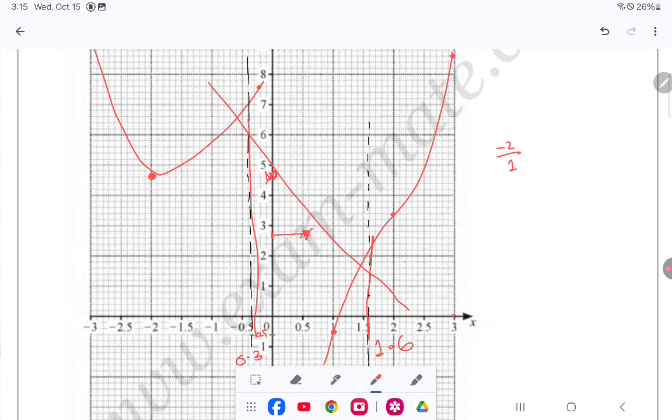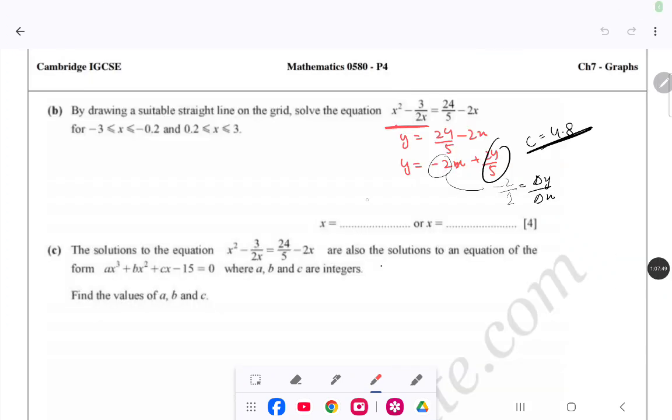So we can say that x is equal to negative 0.3 because it is on the left hand side, and 1.6 which is on the right hand side of the x-axis.